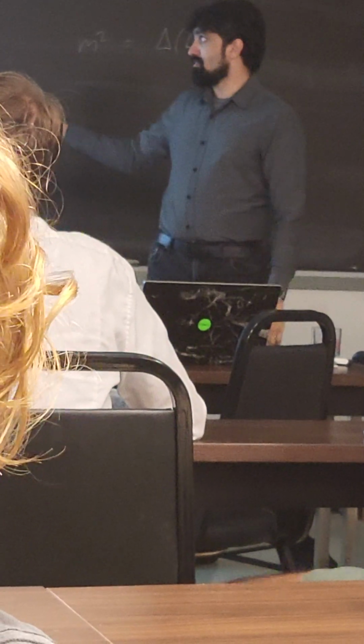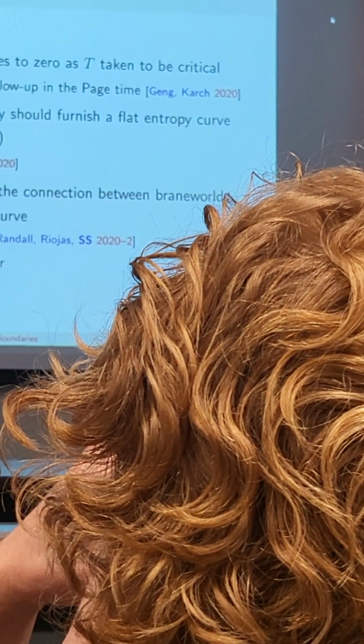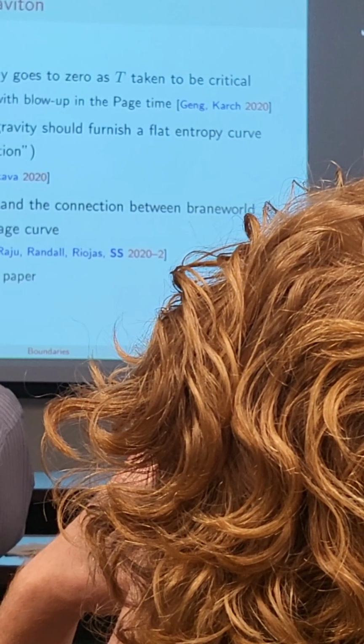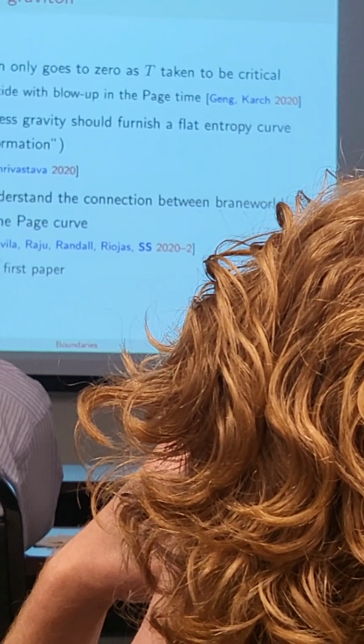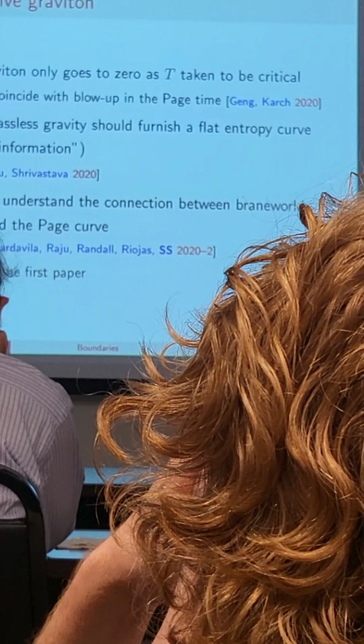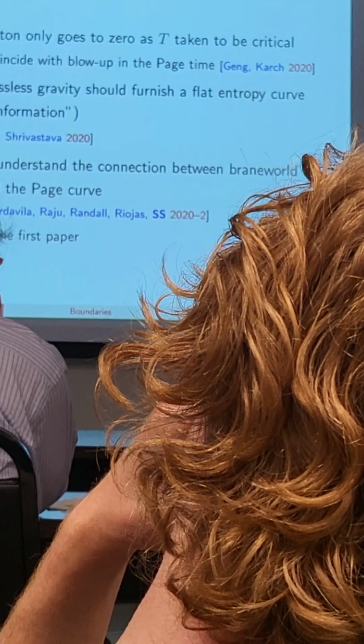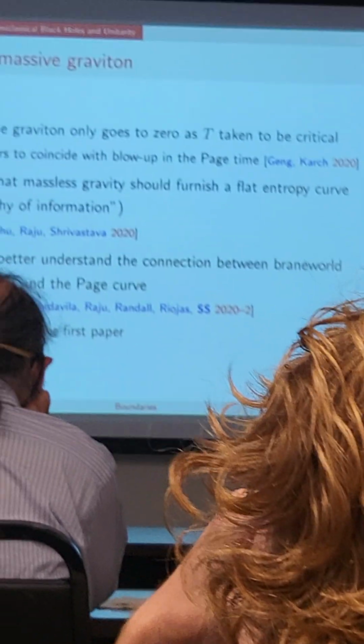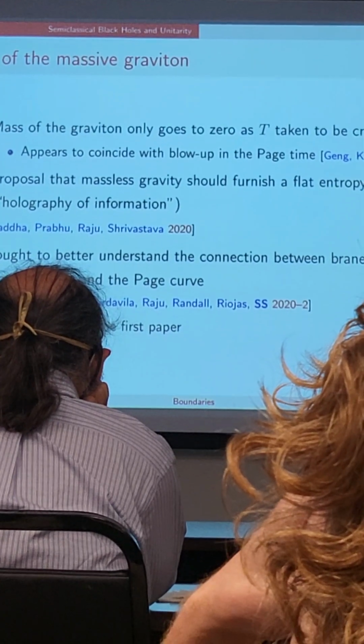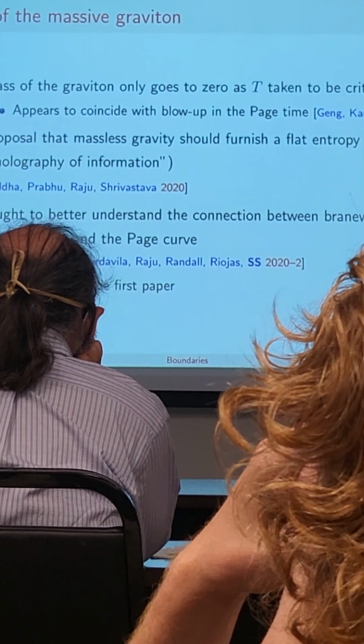So in this paper of Hao, Gang, and Andreas, what they found was that in that limit, the Page time that you calculate using this bulk RT surface appears to blow up. That seems kind of troubling, because you lose your Page curve as the graviton mass goes to 0, but we want the graviton mass to be 0.